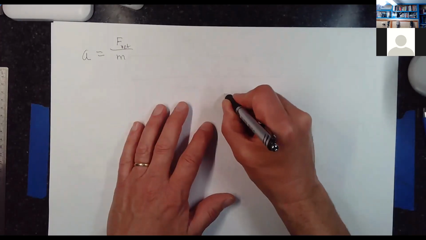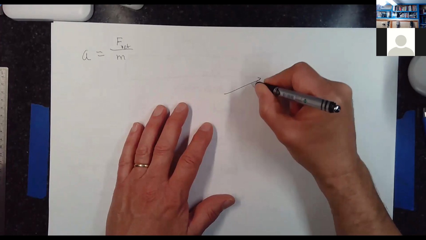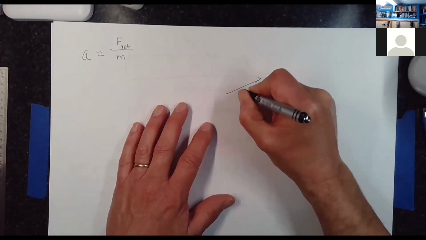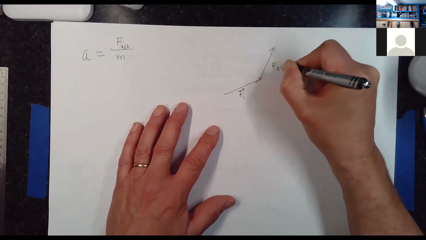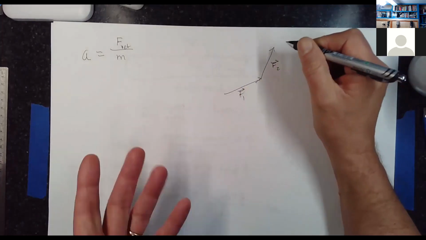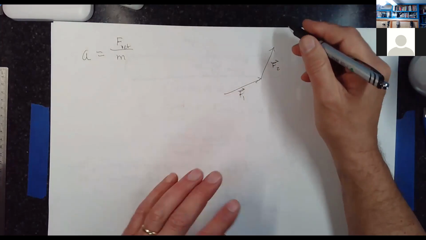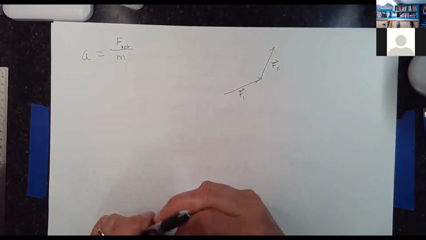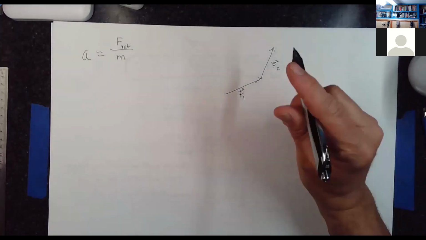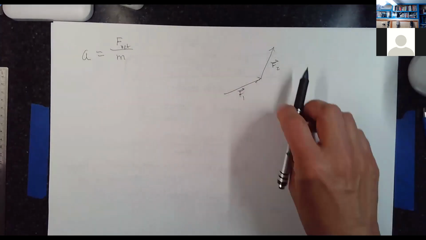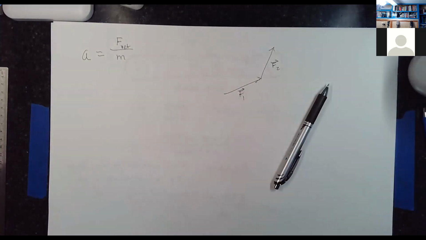So if you've got a force 1 that's pointing one direction and a force 2 that's pointing in another direction, you somehow have to figure out how you're going to do that. And the subject of next week's lab will be adding forces, and so you'll get a lot of practice at that, but we'll talk about it a bit today.